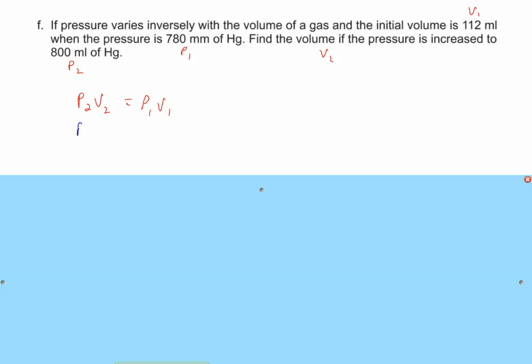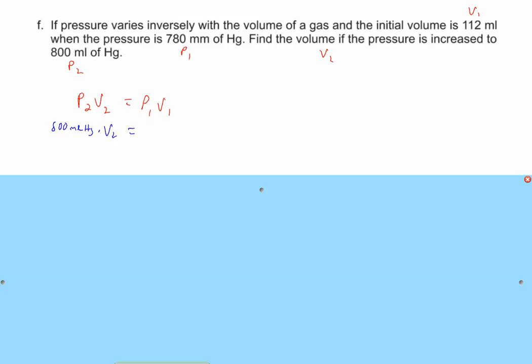All right, so I'm looking for V sub 2. What is volume 2? That's what I'm looking for. Oh, my bad. P sub 2 is 800 millimeters of mercury times V sub 2. Just subbing in now, right?